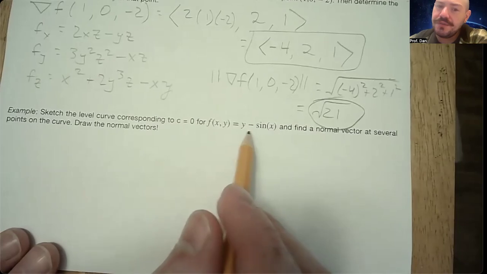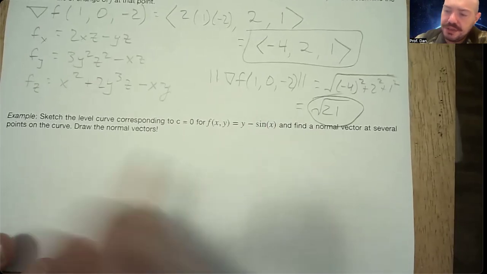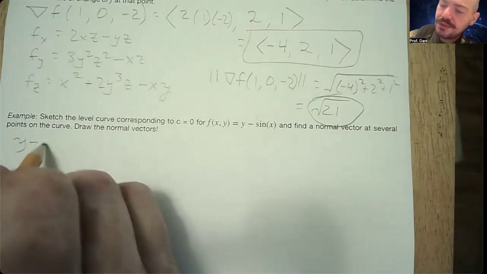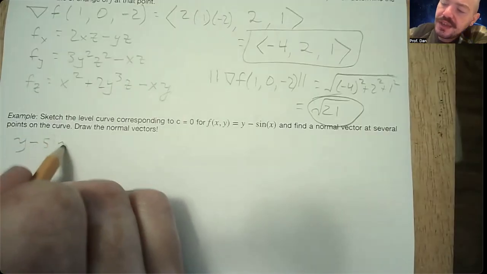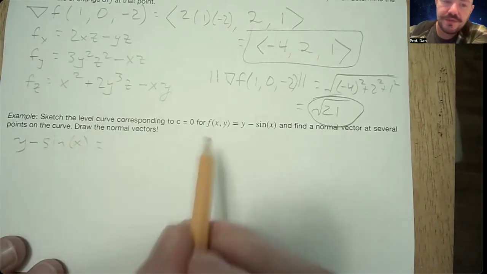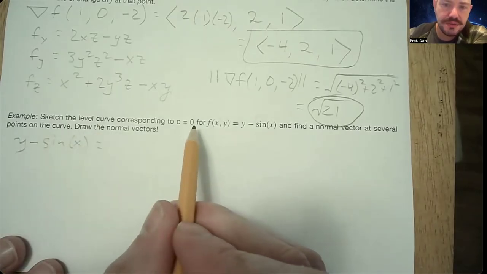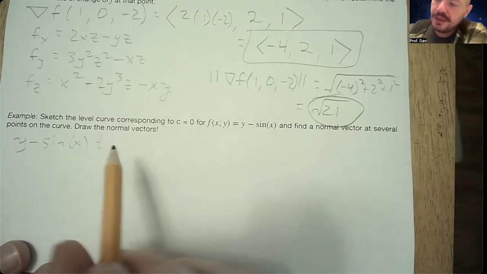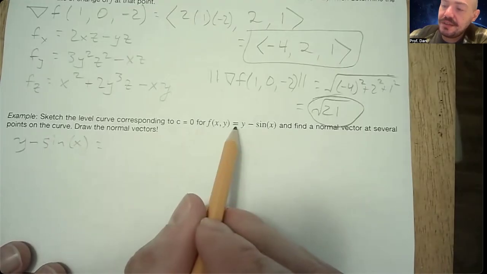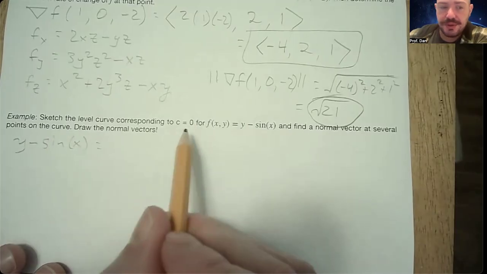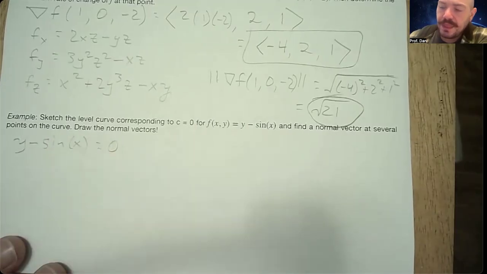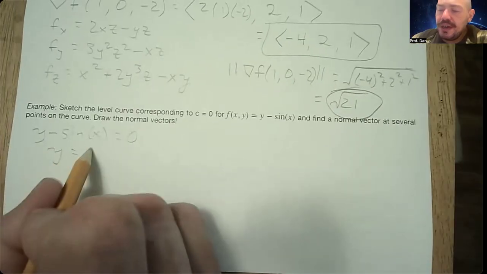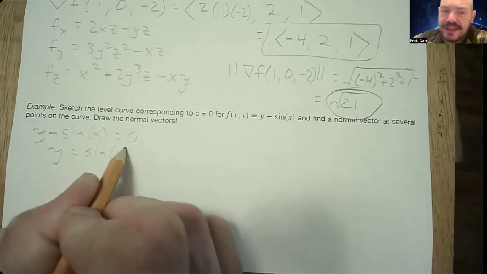You would obtain it by taking your function, so y minus sine of x, and setting it equal to whatever the constant is, right? They all have the same z coordinate. Here we want to set the function equal to z equals 0. So if I rearrange this, I end up getting y equals sine of x.